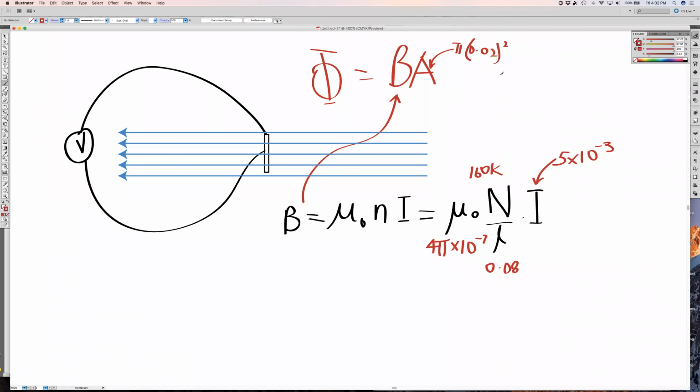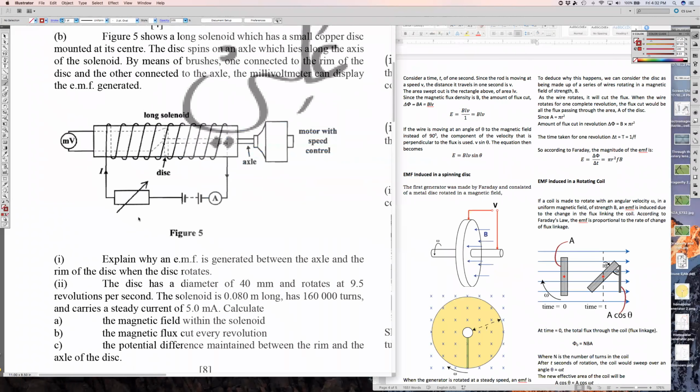We good? So from there, we got B, running this calculation, we plug it in here, and we multiply by the area, which they gave us enough information to find already. And therefore, we can work the second part.